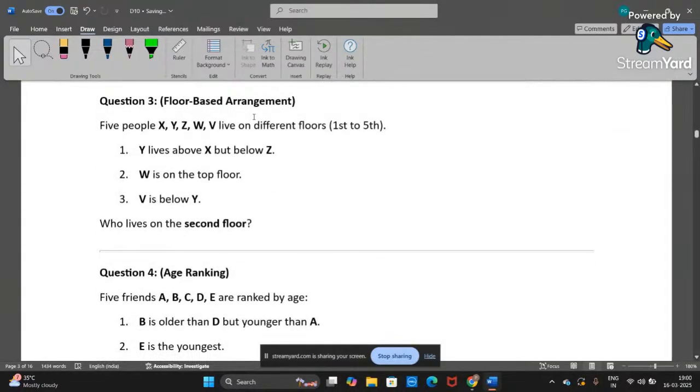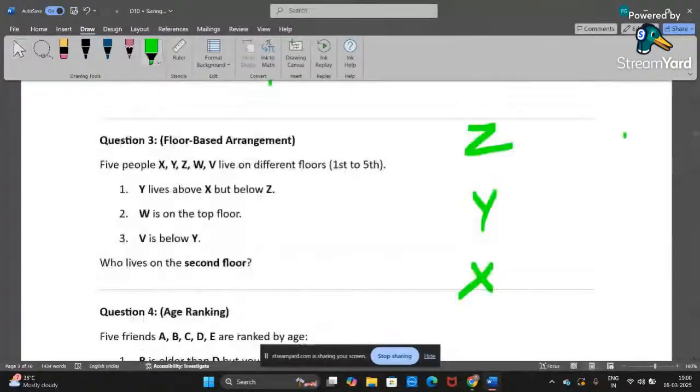Next one is floor based arrangement. X, Y, Z, W, V. So all are living in different floors. Y lives above X but below Z. W is at the top.